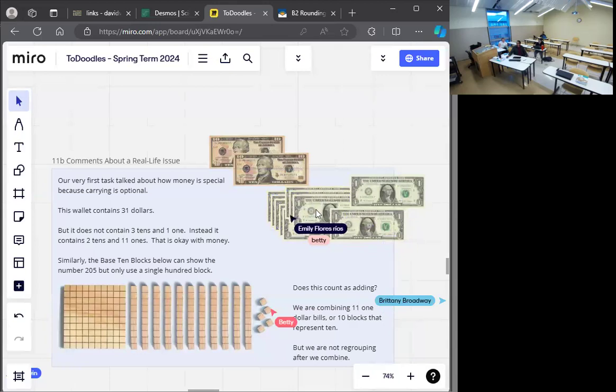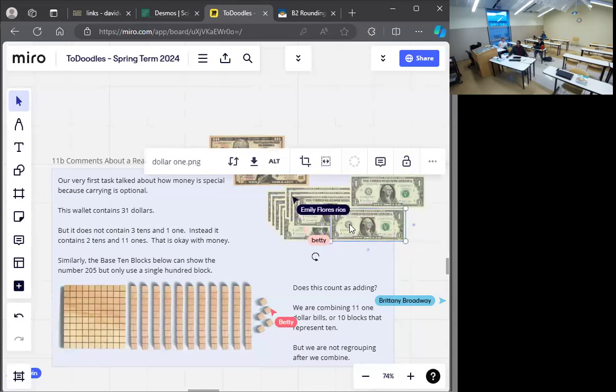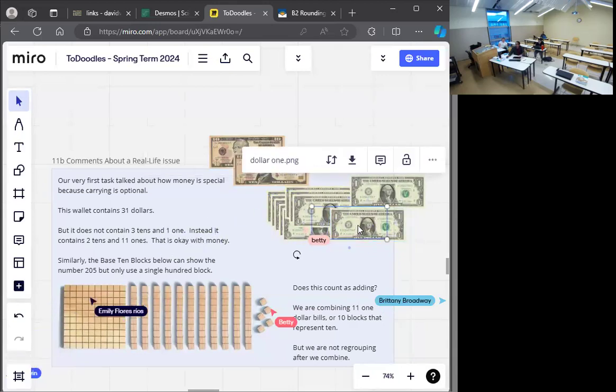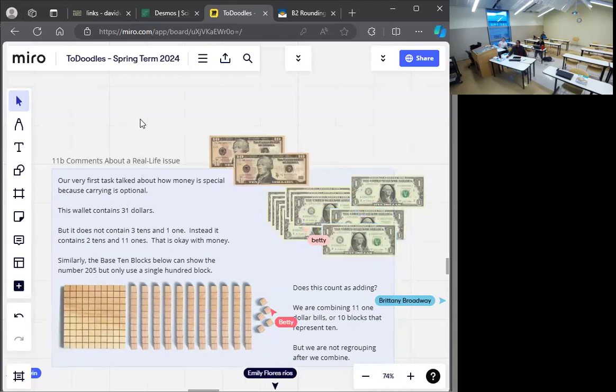Did I do that right? No, we need one more one, okay. So this wallet had $31, but it didn't have 3 10s and 1 1. The way when we write 31, we have to write it 3 10s and 1 1. So money breaks the rules of how we write numbers sometimes, and that's okay.